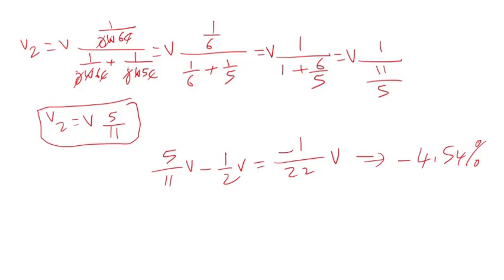So the voltage is lower. So V1, since it lost one capacitor unit, increased by 4.5%. The other side, the healthy side that didn't lose any capacitor, actually had a lower voltage.